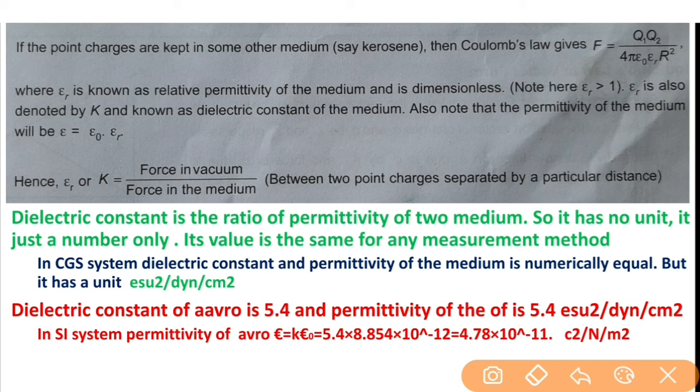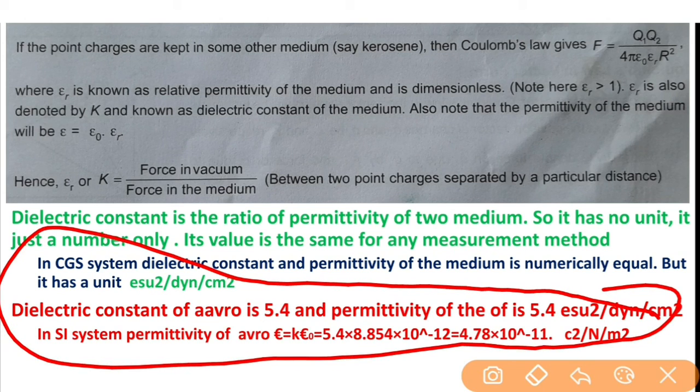So we get 4.78 into 10 to the minus 11 in coulomb square per newton per meter square. So this is also very important. These few statements are very important for the problem set.